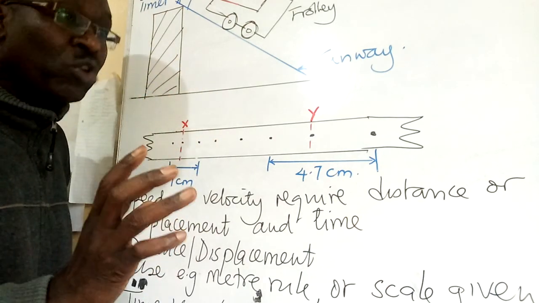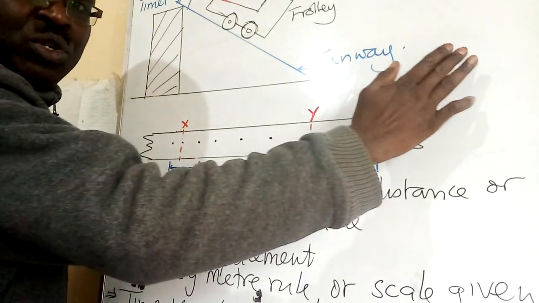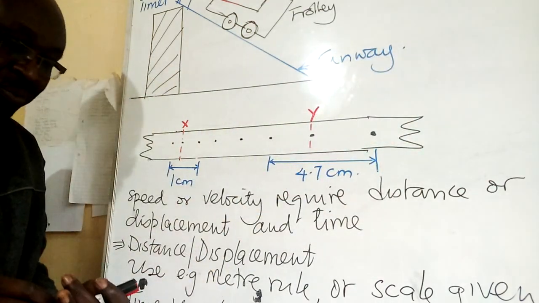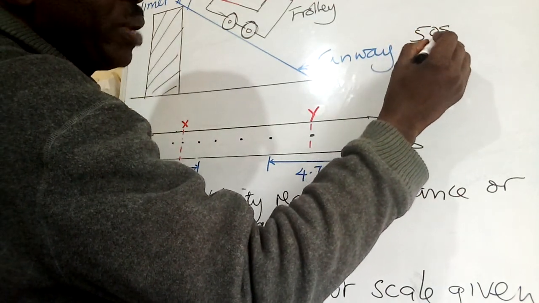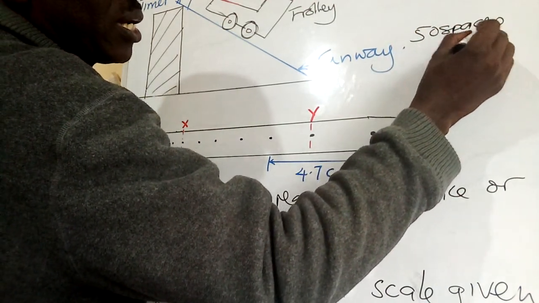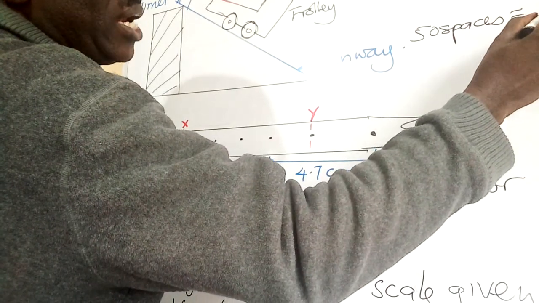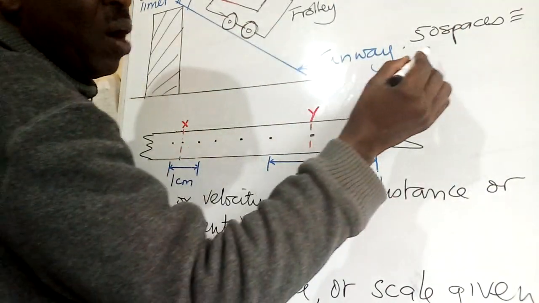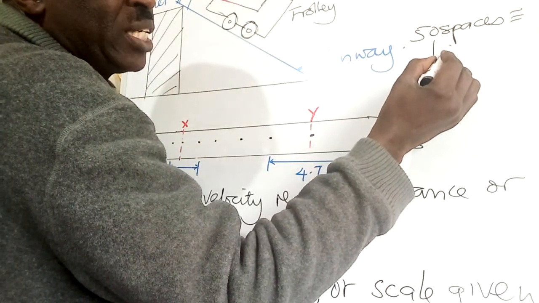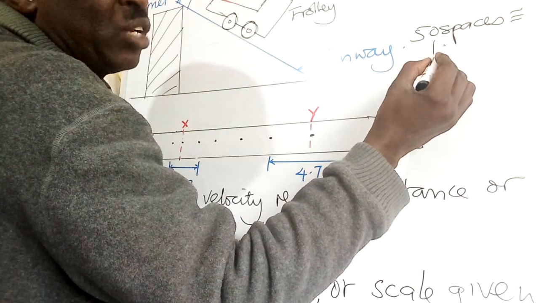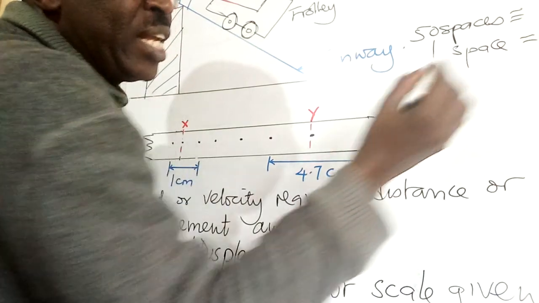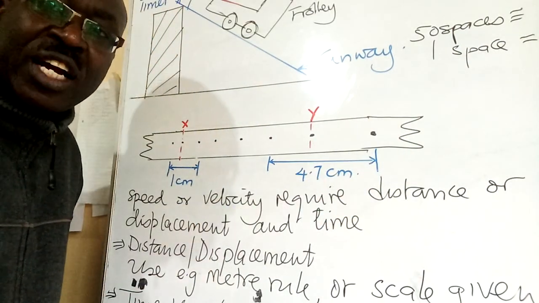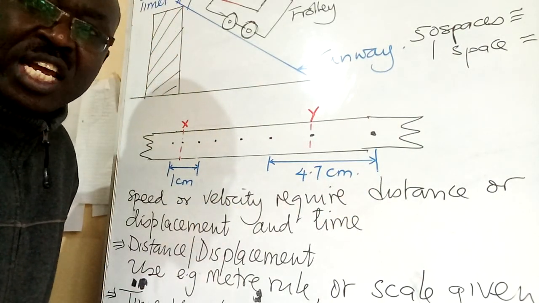I want you to follow this keenly. I will do some side work here. I'll use black, that there were 50 spaces that happened in 1 second. Now I want to know what is the time taken to make one space. A space is made up of 2 consecutive dots, meaning what?